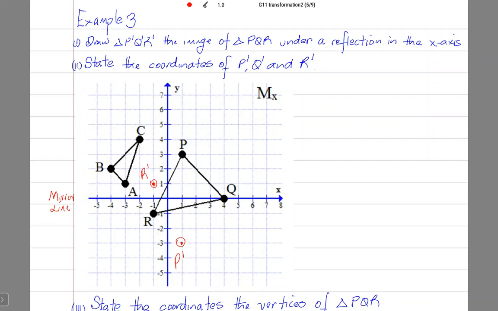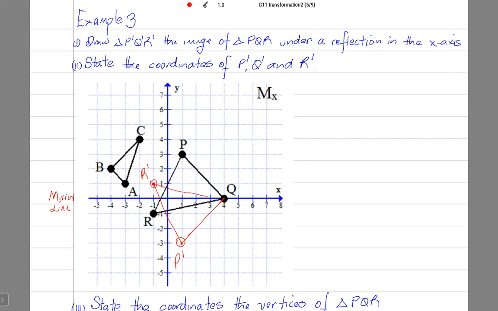So Q is both an object and an image point because it is on the mirror line. So obviously when we finish, we will just connect the points using a ruler.